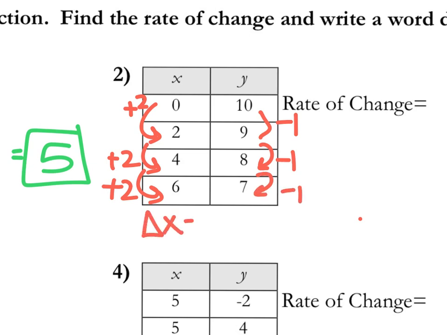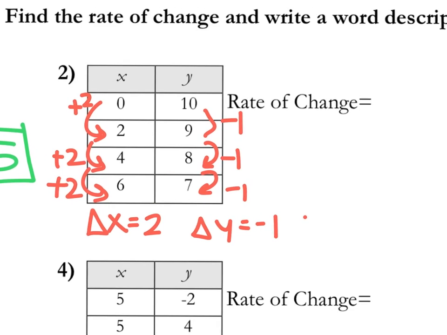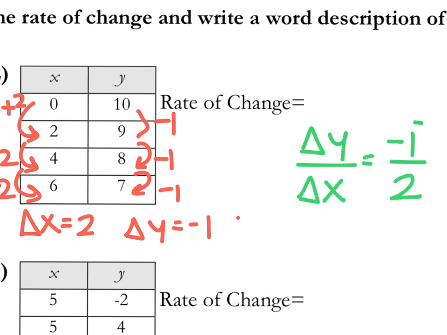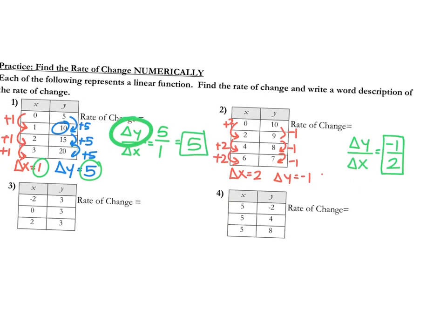Change in x is positive 2. Change in y, negative 1. Apply to the formula, which is change in y divided by change in x, negative 1 divided by 2. And that's actually my answer because negative 1 over 2 doesn't reduce. So I'm done. Negative 1/2 is the rate of change for number 2.